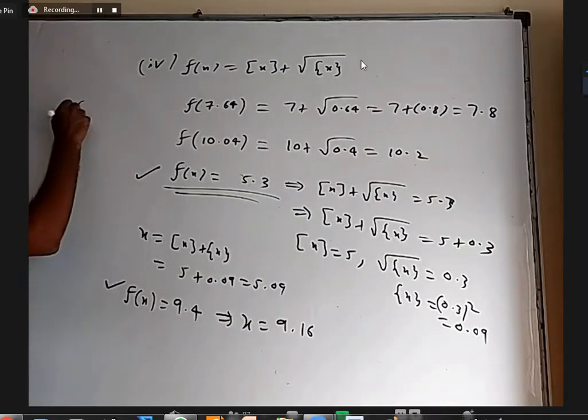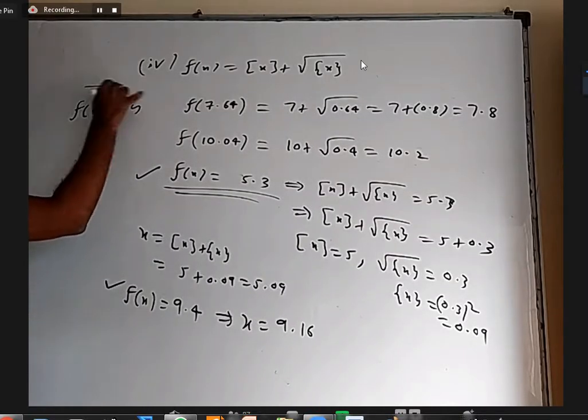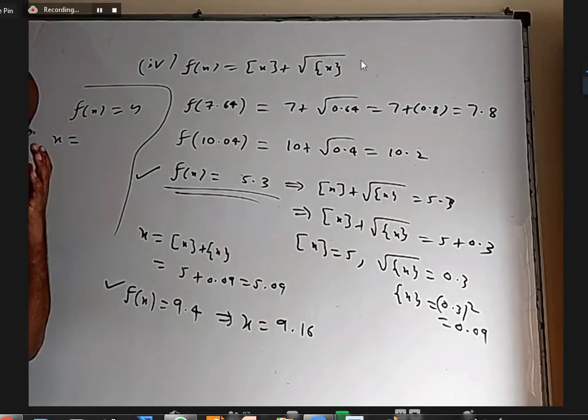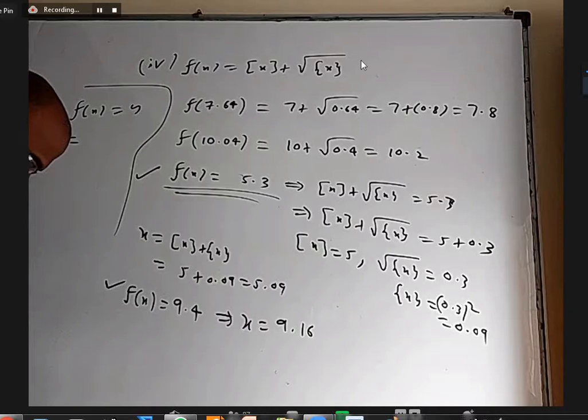Now let me see, if f of x equal to y, anybody want to tell what x will be in terms of y? The answer should be in terms of y.